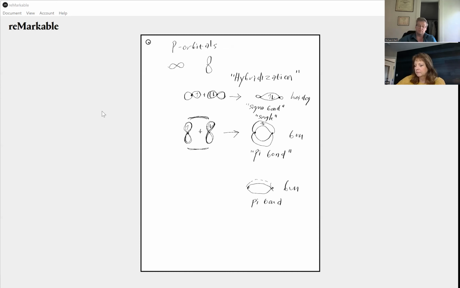Okay. So a single bond, sigma, looks like this, by the way, and you know what pi looks like. A sigma bond is always a single bond.